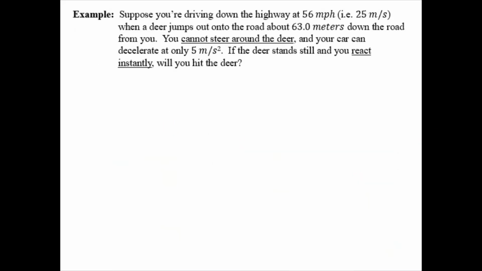Okay then, so that takes us to our first one-dimensional kinematics problem that's a little more interesting. I should say our first interesting problem, and we actually have a fairly realistic problem here. It says, suppose you're driving down the highway at 56 miles per hour, and of course in the international system of units we don't use miles per hour, that's an English unit.